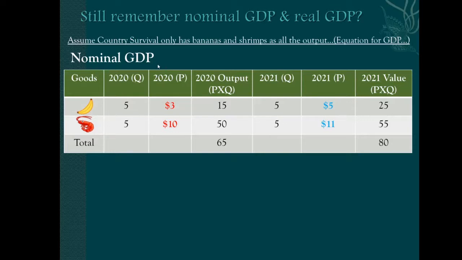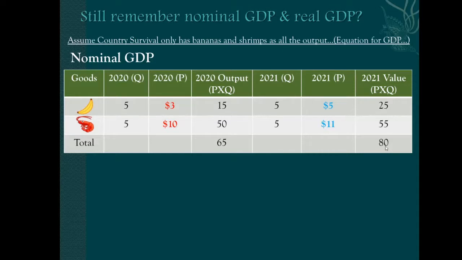So if we are using the concept of nominal GDP, this is how we see things, because we are not going to exclude inflation. When we look at the output, or you can say the GDP, the total output goes from 65 to 80.